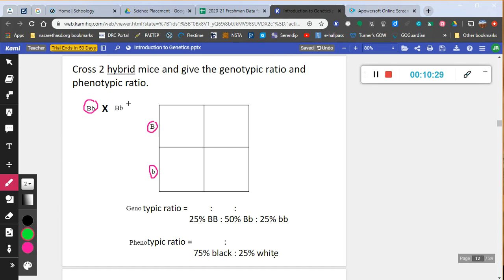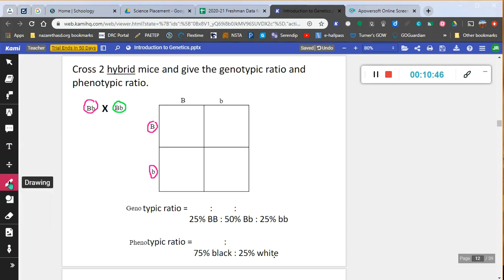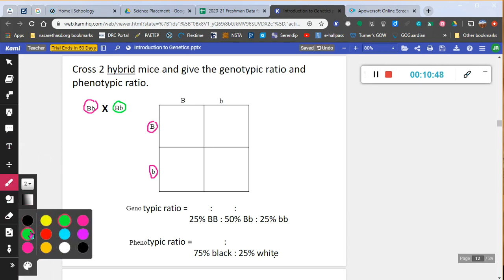Parent number 2 is also going to provide very similar alleles. And here are the alleles that parent number 2 can provide.